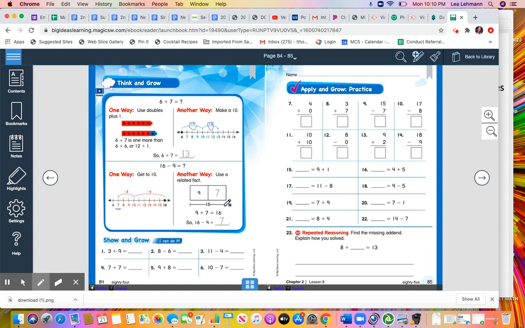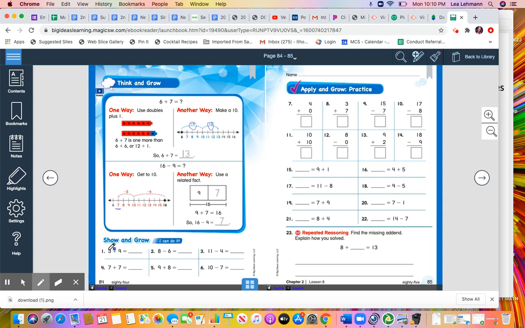Okay, they found out it was 7, of course. But so they found out 9 plus 7 is 16. So 16 minus 9 is 7. Okay, so when you are doing the 2.8, you can solve these problems any way you like. You just have to make sure that you can decide which method to use.